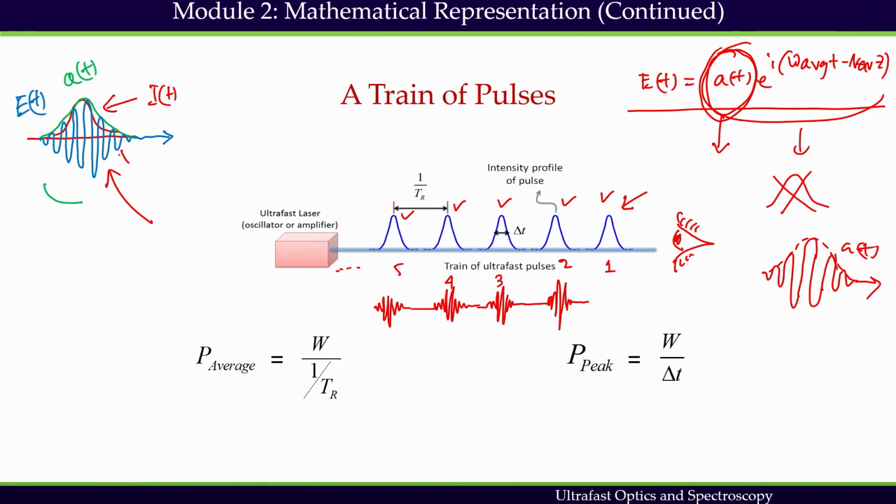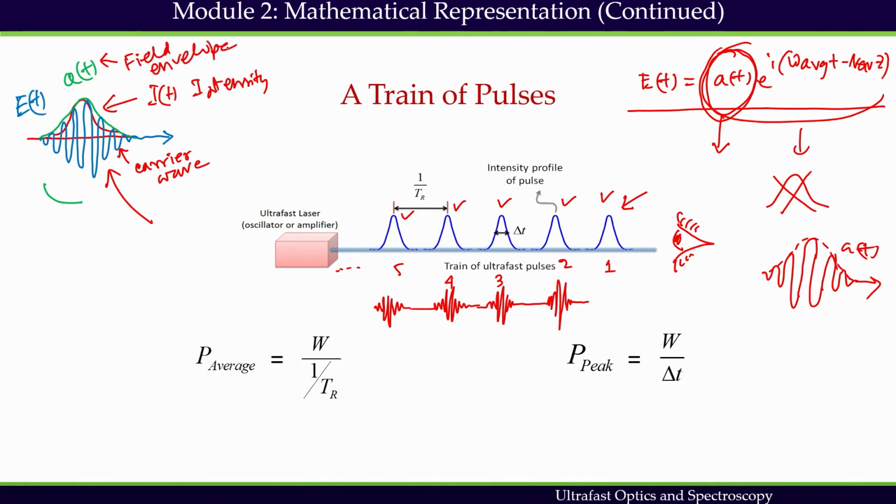So this is the carrier wave, which is at the average frequency. Then this is the intensity, and this A(t) is the field envelope.